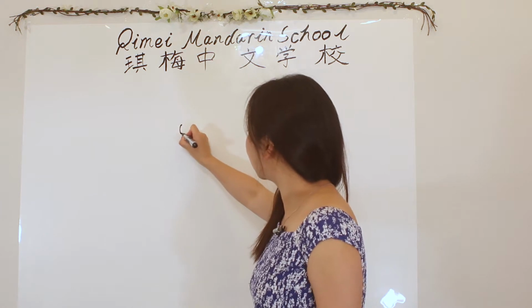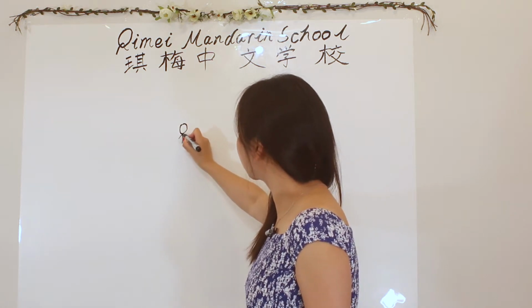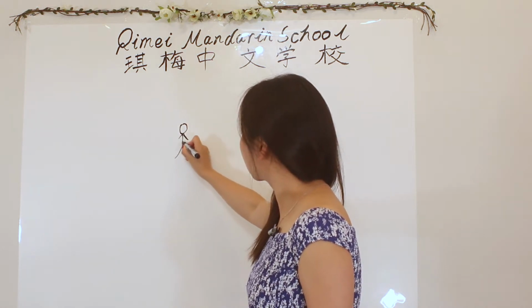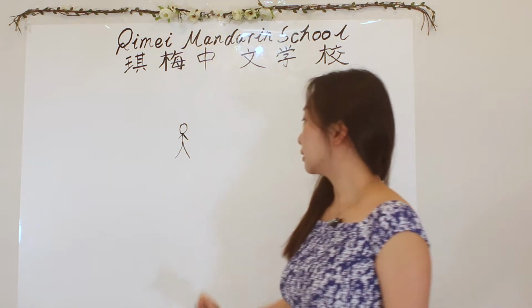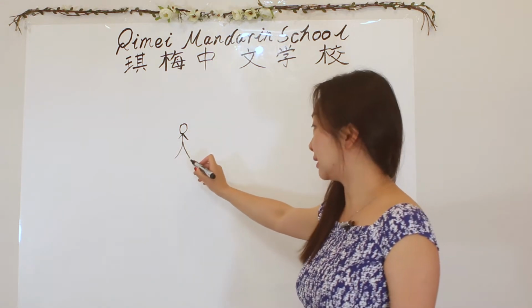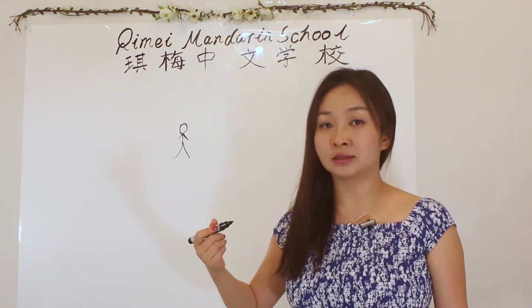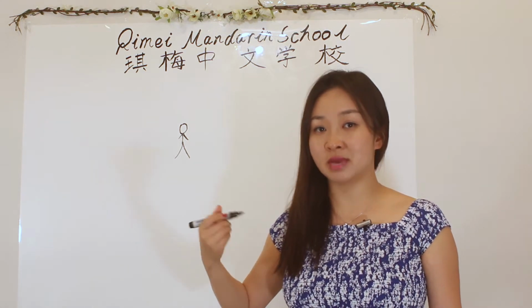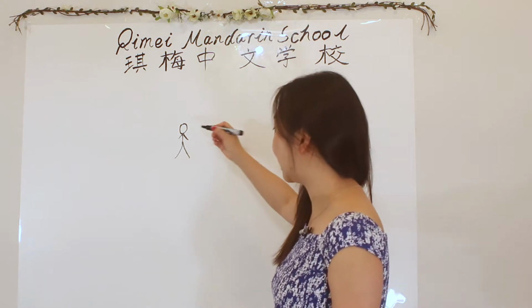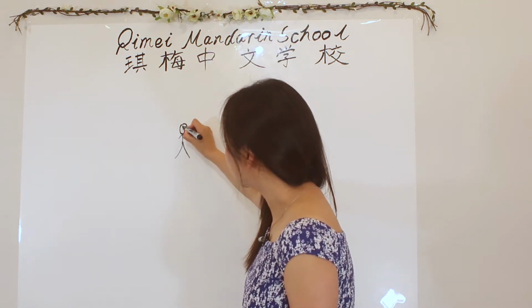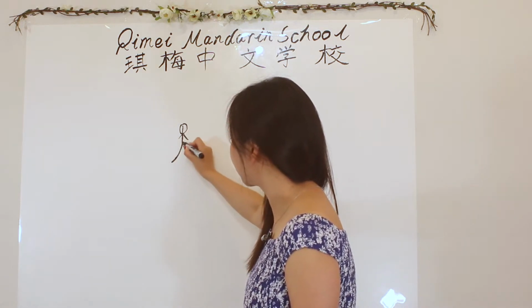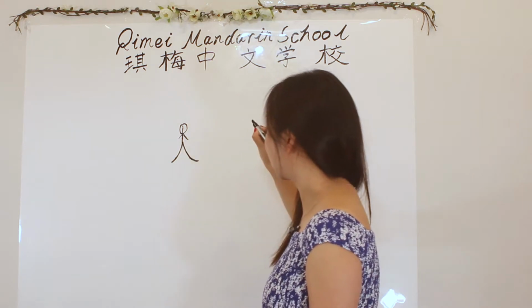First one, let's look at this picture. Right. So this is a person. But how do we create the first element that means person in Chinese? So we just look at it like this. Right.